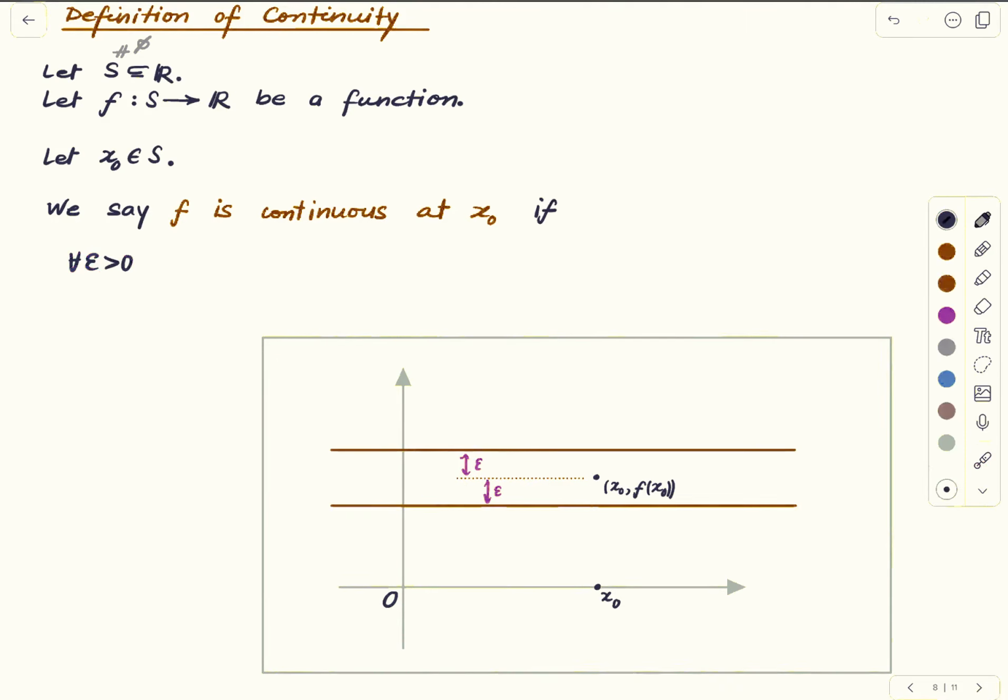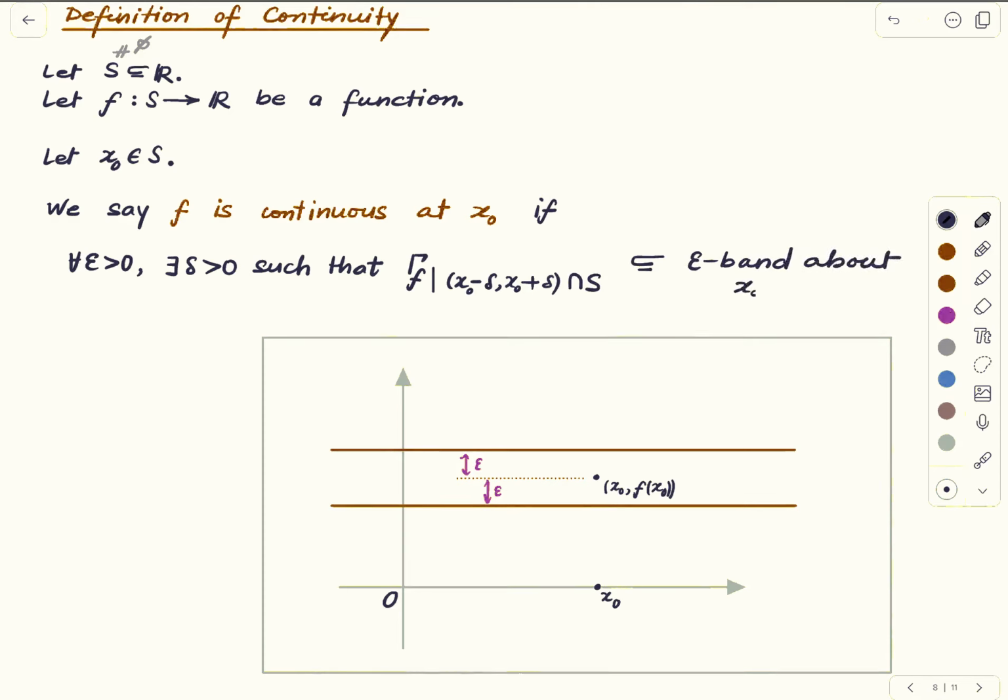For all epsilon greater than 0, there is a delta greater than 0 such that the graph of the restriction of f to this set, you take the delta neighborhood of x0 and intersect with the domain S, should be contained in the epsilon band about this point.